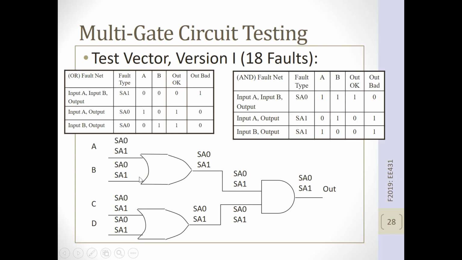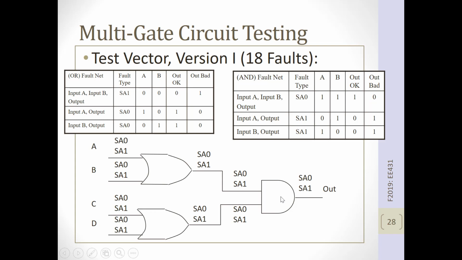Both of these inputs have stuck at 0, stuck at 1. Same thing down here. And then you also have to check the output for stuck at 0 and stuck at 1. Then for the AND gate, you do that too. You completely populate it. So every single gate has 6 tests around it.